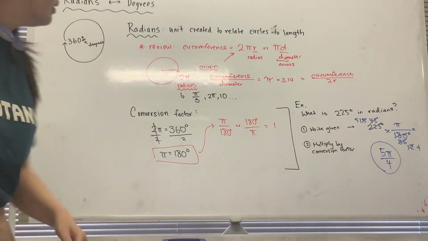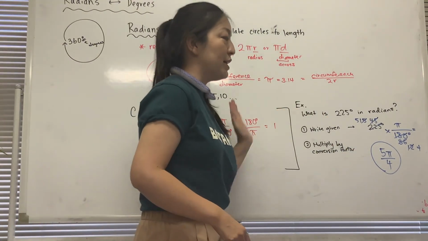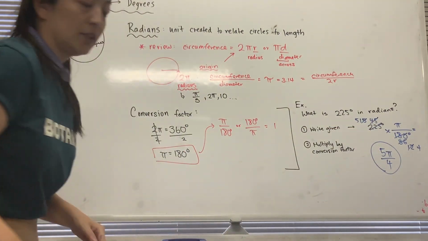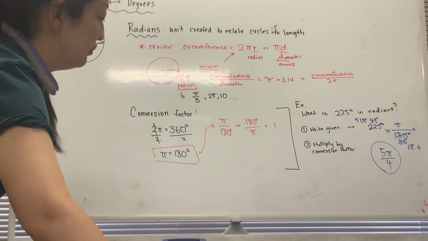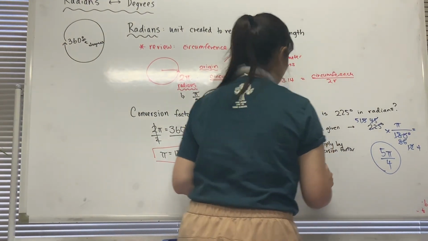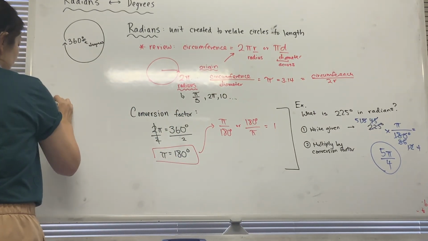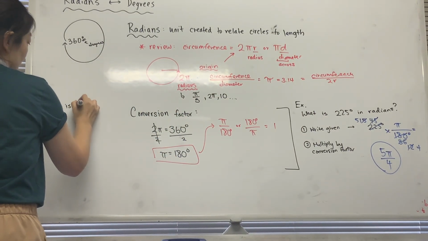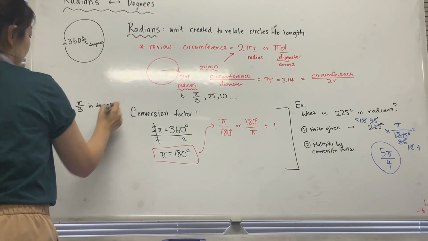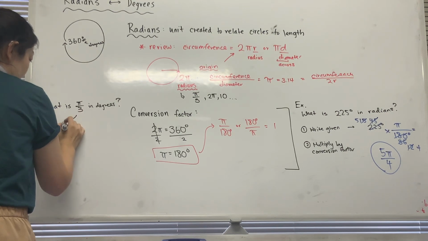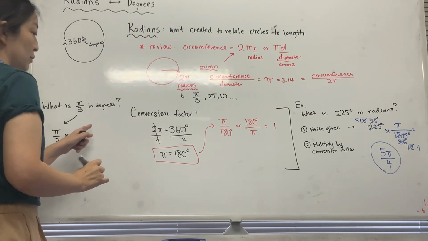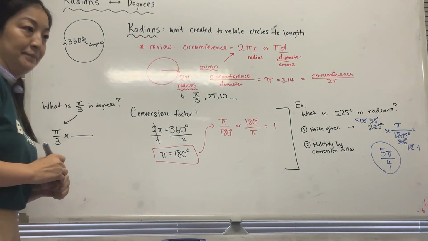So, if you wanna convert from radians to degrees, you flip the conversion factor. So for example, this is our example. If we also want to do this in degrees, you're going to take the given, pi over 3, and multiply it by, will we put the degrees on top or bottom, Genta?